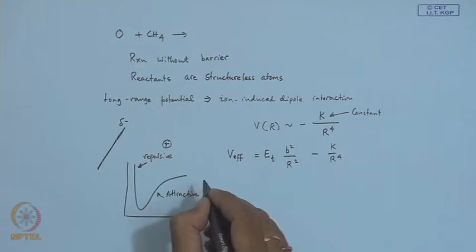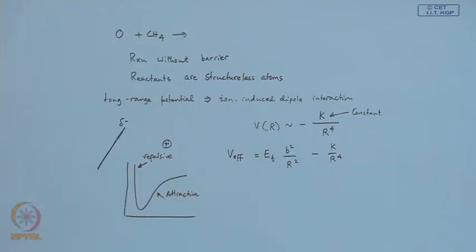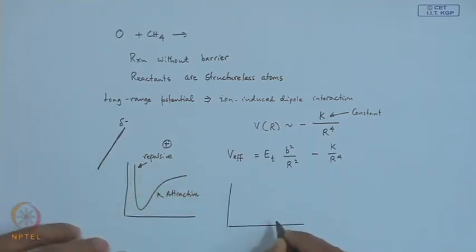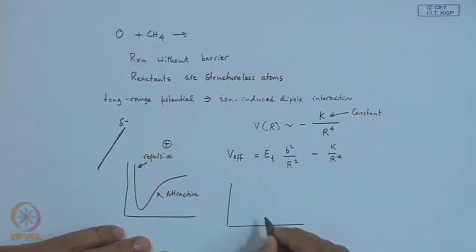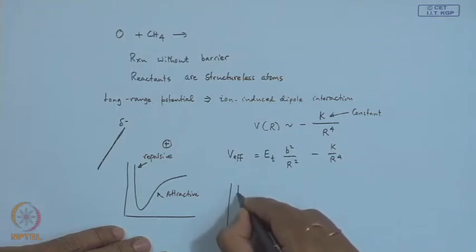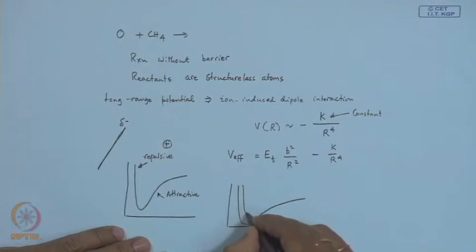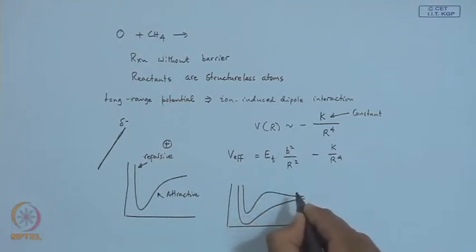So there are different types of barrier. The barrier will be like this, somewhere it will be like this.